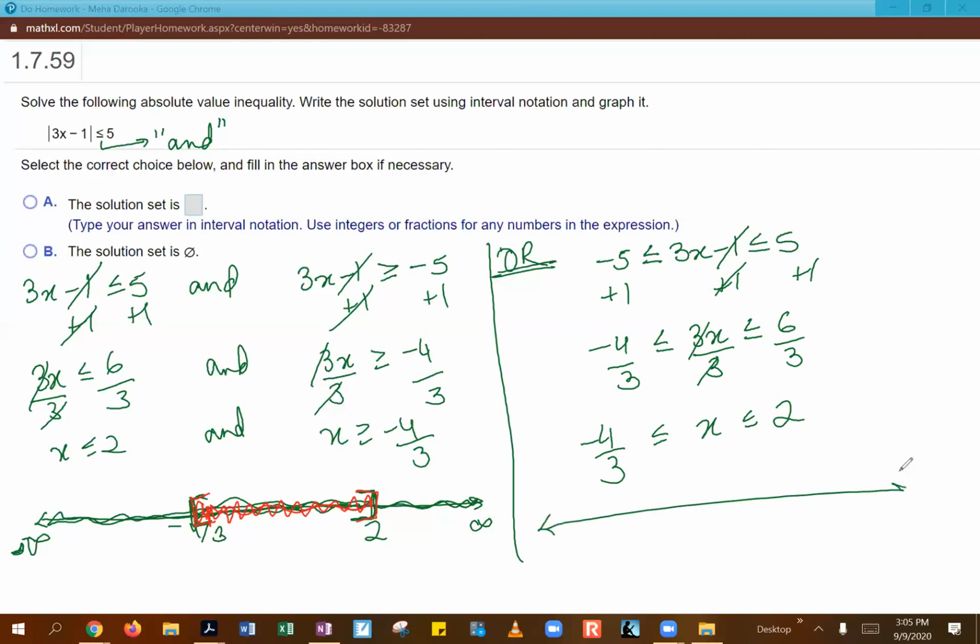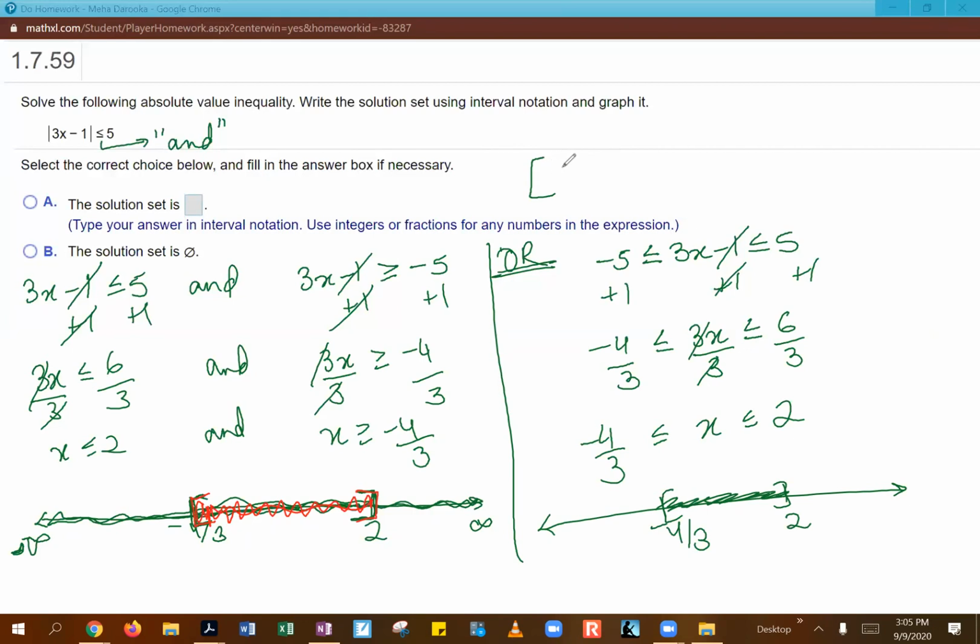So when you do your graph, you're including both of the endpoints, so brackets on those, and then shade the middle part. And of course, your interval notation is going to be what many of you typed in the answer box.